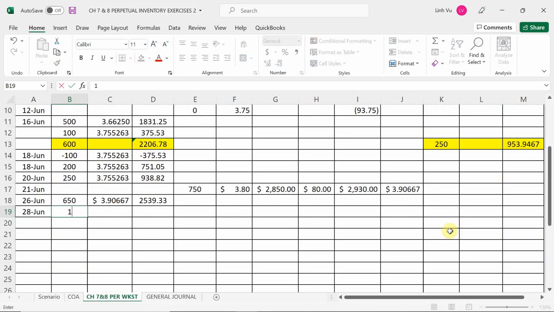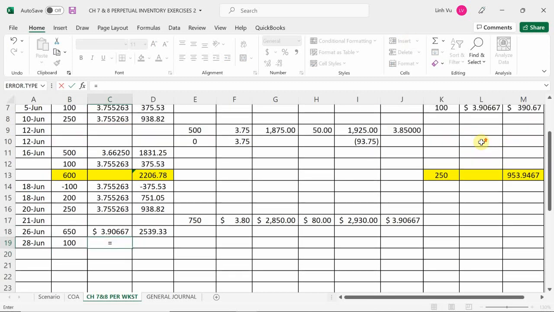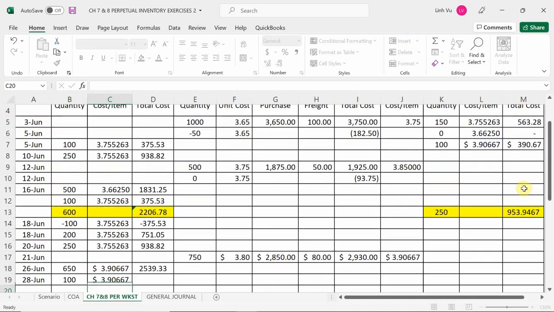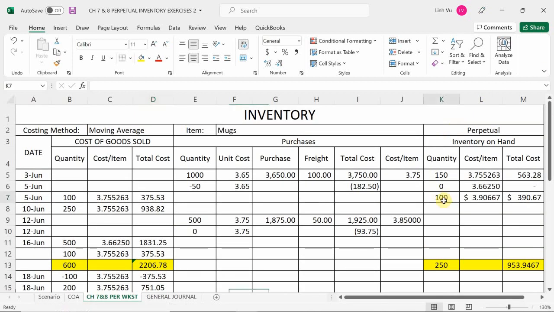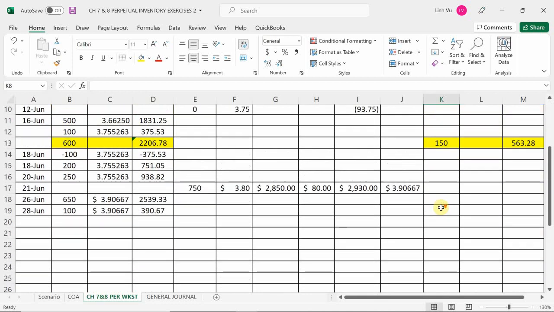We're going to take those 100 items there, which should give you a total of 390.67. So this batch of inventory is going to be gone. Then all that's left is 150 units at $563.28 remaining in my inventory.